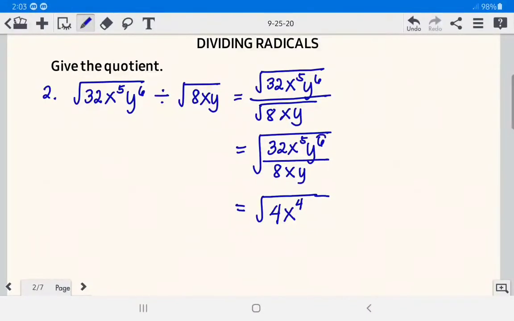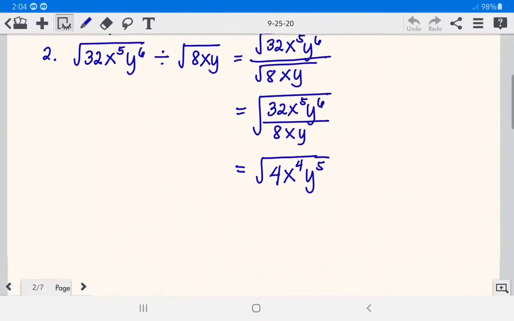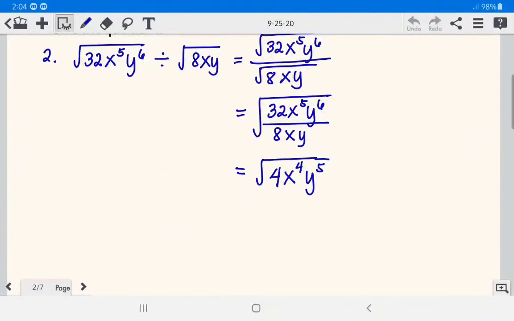Then for the y variable, 6 minus 1, we have 5. So, y raised to the 5th power. Then, as you can see, the square root of 4x^4y^5 is factorable. So, we have the square root of 4x^4, then y.